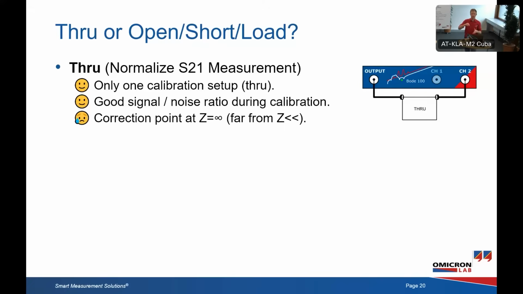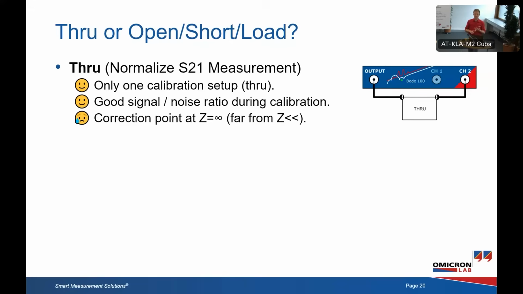So if you lift the probe and you put it on a through calibrator where ground and signal are connected, like you can see in the picture on the right hand side, then you can normalize that setup with all the cables and the probes and the common mode choke. The advantage is it's only one calibration measurement. It offers good signal to noise rejection or good signal during calibration because there is no big attenuation in the system.